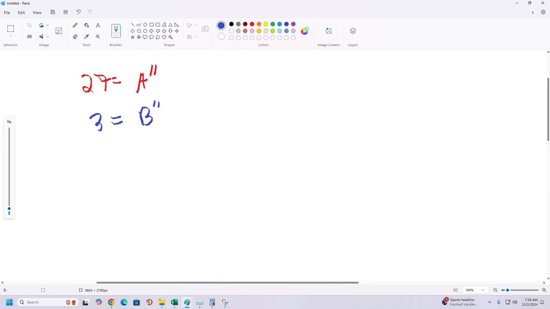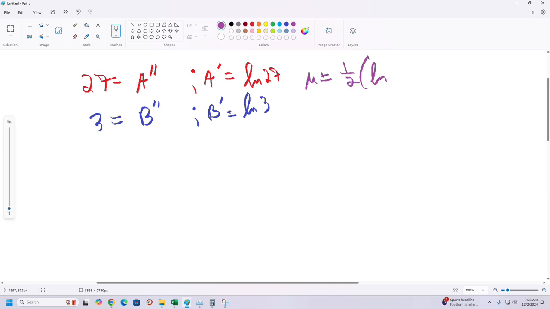Okay. From this, we get a prime equals the ln of 27. I don't care what that is. You can calculate it yourself. I'm not writing it out. B prime is the ln of 3.